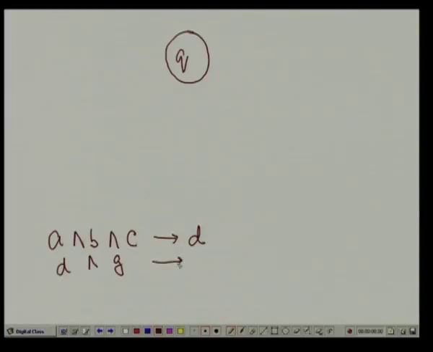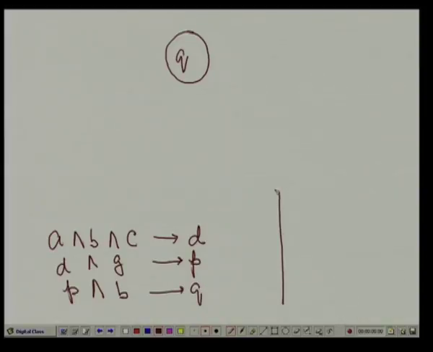Say my objective is to prove Q, and what were my rules? If I recollect properly, A and B and C generated D, D and G generated P, and P and B generated Q, all right.